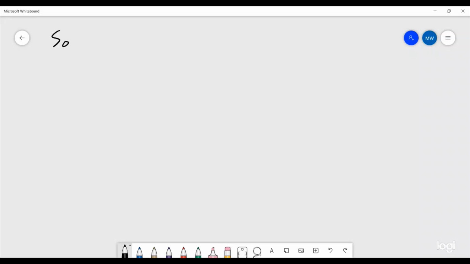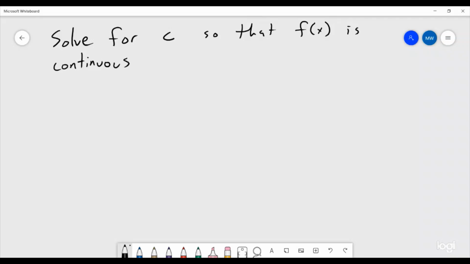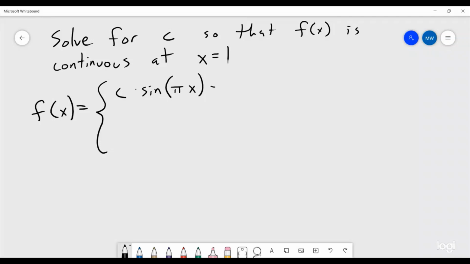You might be asked, solve for c so that f of x is continuous at, let's say, x equals 1, where we might have something like f of x is equal to c times sine of pi x plus 3, and then cx minus 1, where we have this variable c showing up in both of them, where this is true if x is less than or equal to 1, and this is if x is bigger than 1.